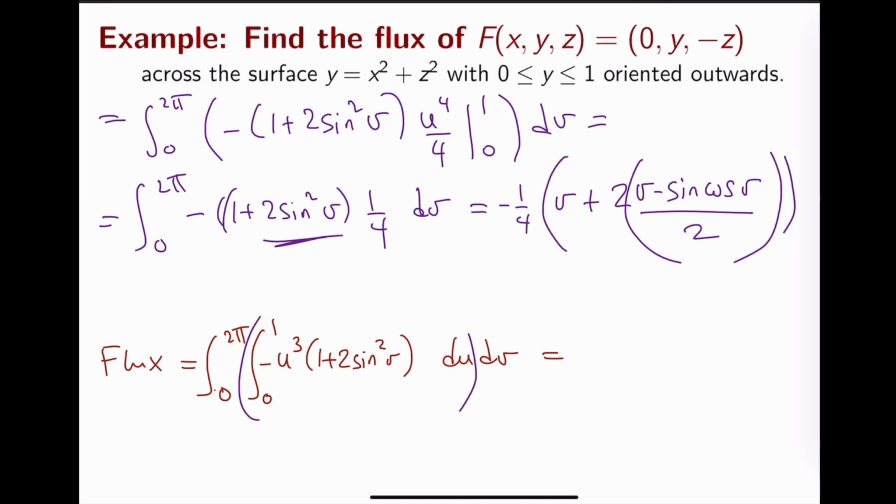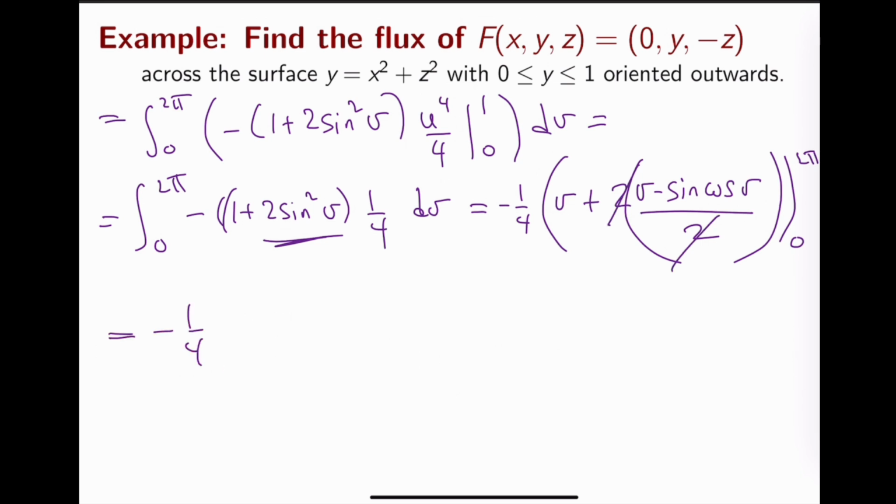And this is going to be evaluated between 0 and 2 pi. It's minus 1/4, and inside we're going to have here v plus v, which is 2v, minus sine cosine, evaluated between 0 and 2 pi.